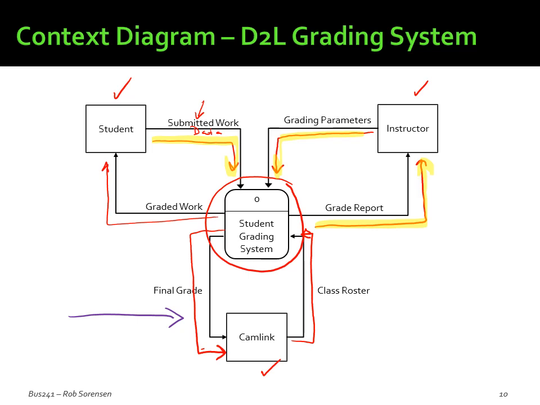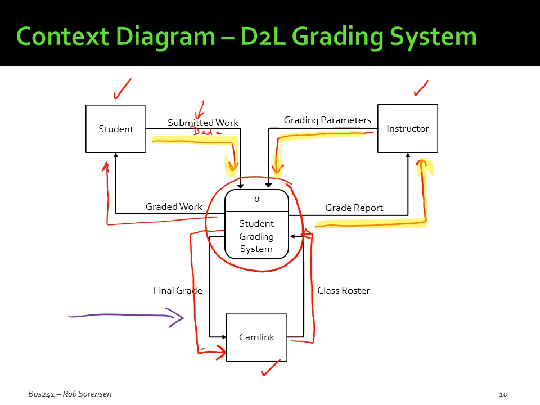It's time consuming and costly, and it's prone to error, isn't it? Wouldn't it be better if we wanted to improve D2L and CamLink if we linked the two of them together so that could just happen through the software? Right? So already this diagram can be a useful thing for talking with the system designers and that sort of thing. All right. But it is pretty basic.